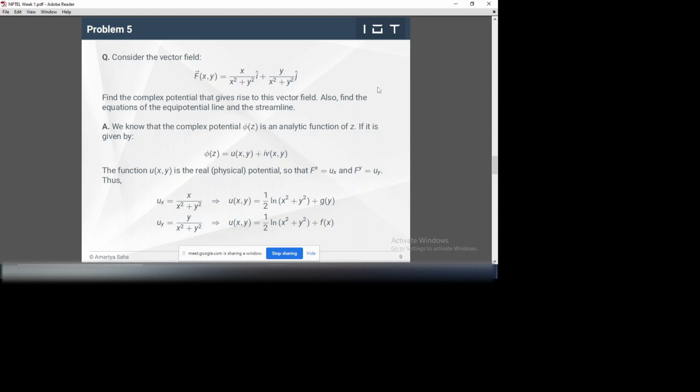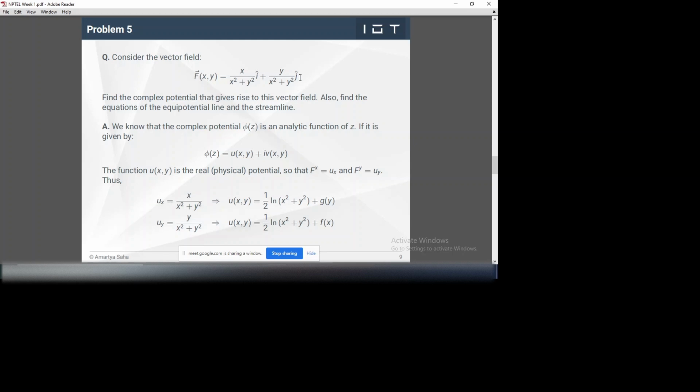So this is a vector field. Vector field means it's a vector, and so there are two components. One along the x-axis, so the x-axis direction is i cap, and another along the y-axis, so this direction is j cap. So these have these two components, and consider it like an electric field. So let's say this F is an electric field.